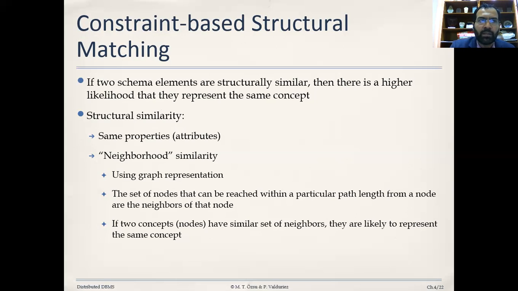For example, if there are three nodes A, B, and C, and C is a neighbor of A and C is also a neighbor of B, then it means that A and B most likely are representing the same concept. So that is one way of finding out the similarity using the neighborhood model. And for that purpose, we need to plot the graph.